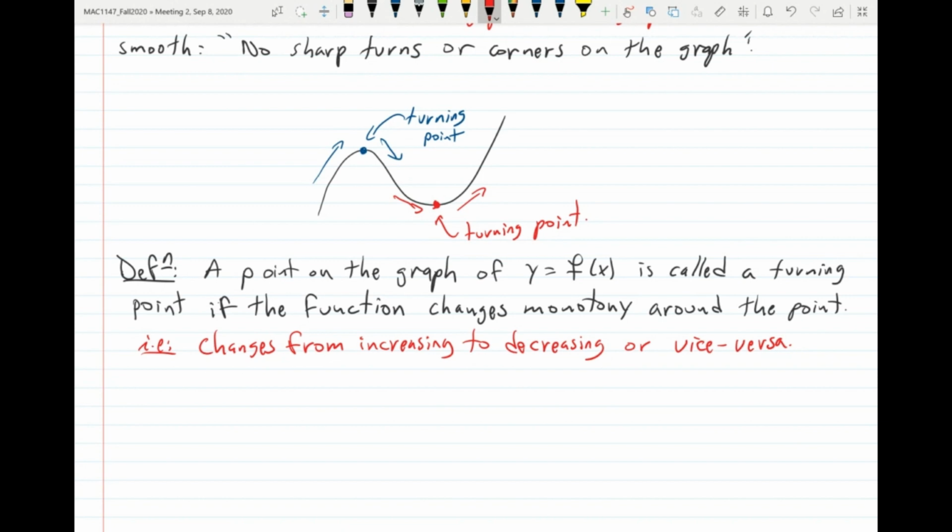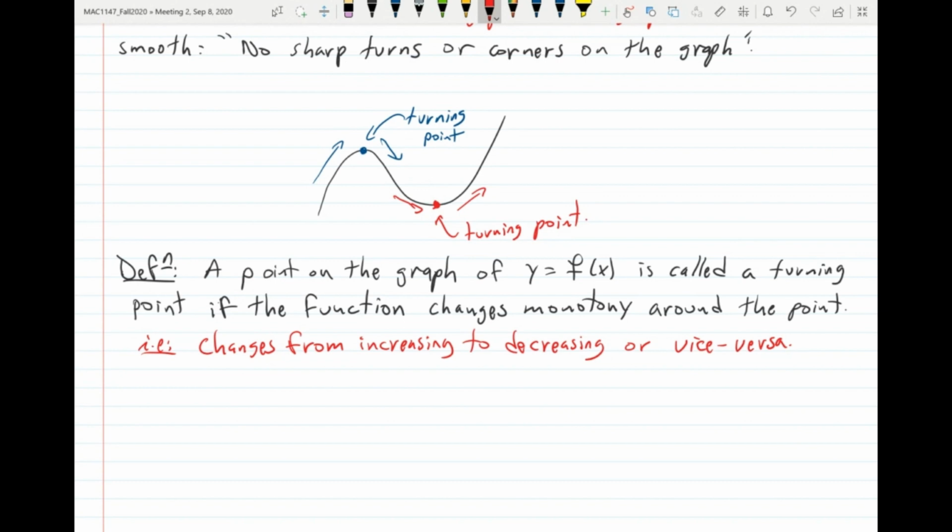So for example, that picture that you're seeing on the screen, imagine that this is a polynomial. Could you tell me what would be the smallest possible degree that this polynomial could have? Very good, 3. Why? Because we have 2 turning points.